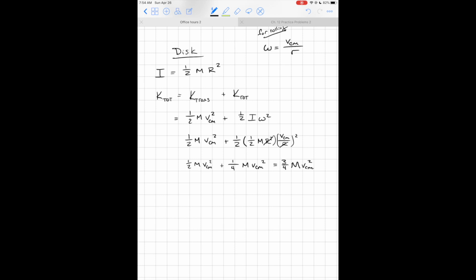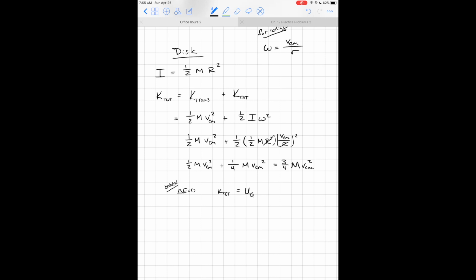Now, what I'm saying here is that this is an isolated energy system, so delta E is equal to 0. That means that my total kinetic energy is going to be completely transformed into my gravitational potential energy.